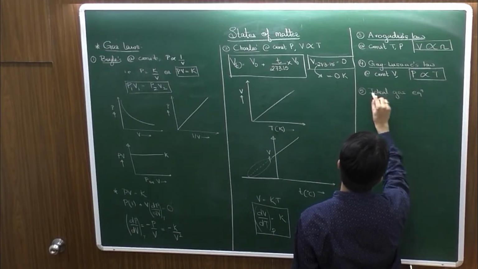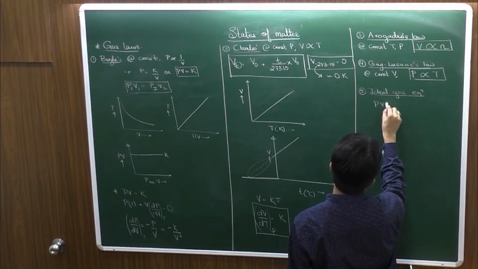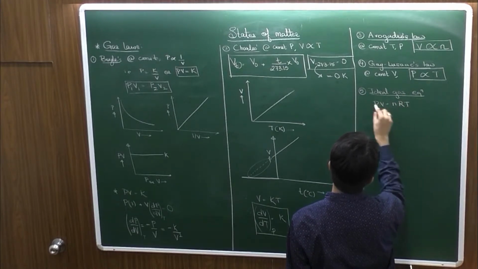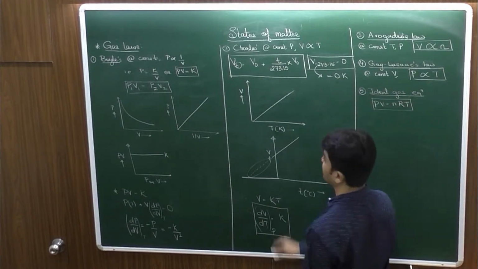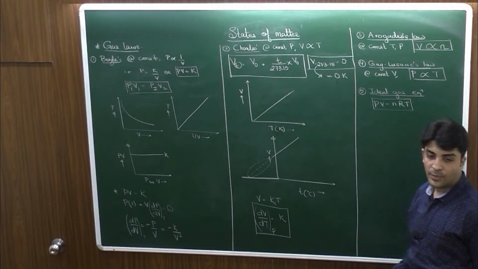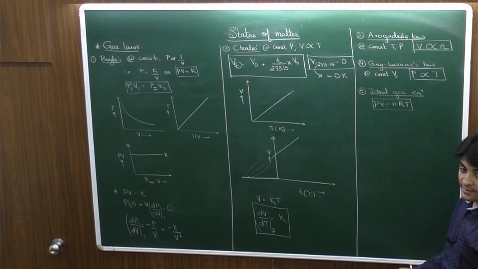And the ideal gas equation is famously PV is equal to nRT. Z is for the real gas. We'll come to that. PV equal to nRT is for ideal gases only, not the real.